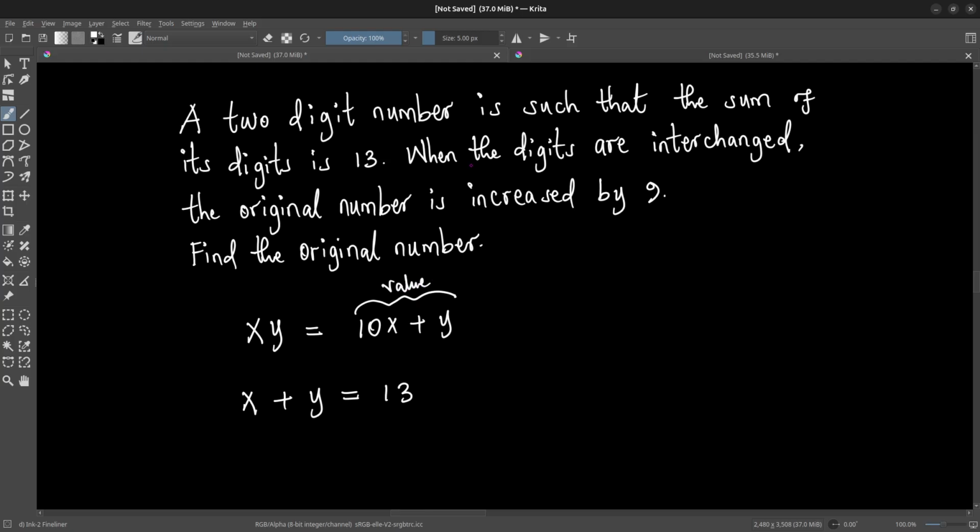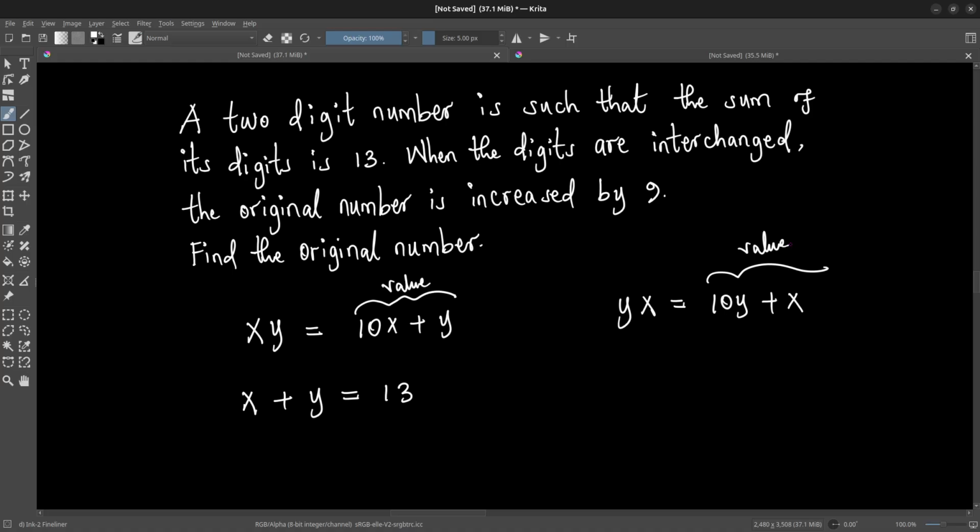When the digits are interchanged, the original number is increased by 9. So interchanging the digits will give us yx. The value of yx is the same as 10 times y plus x. Again, this is the value.